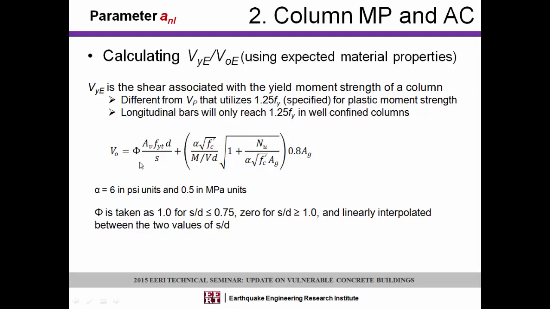If your spacing is D or more, a shear crack will just cross straight through, and the transverse reinforcement is not doing anything. So this term goes to 0. If you're below 0.75, the transverse reinforcement works, and in between you interpolate. So what this does is eliminate any strength component of your ties if the spacing is very large. But other than that, that equation is about the same as you had it before.